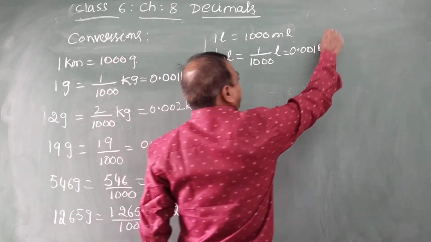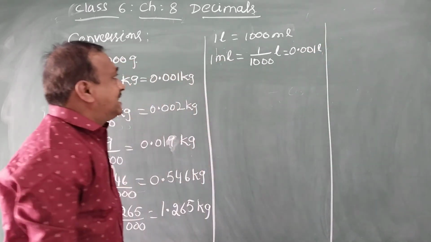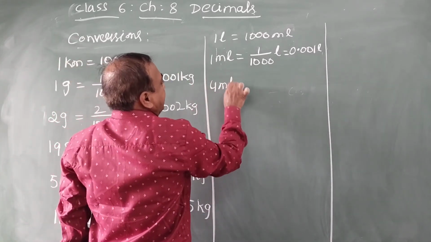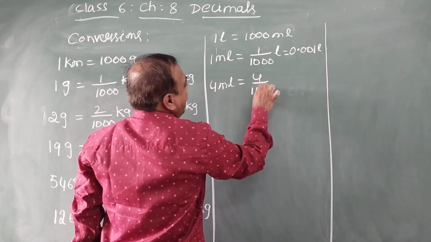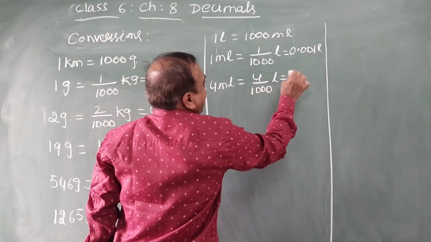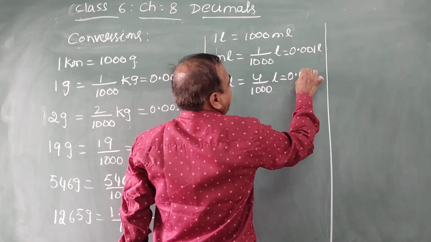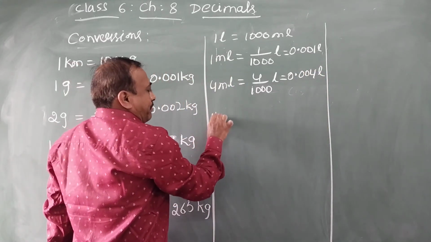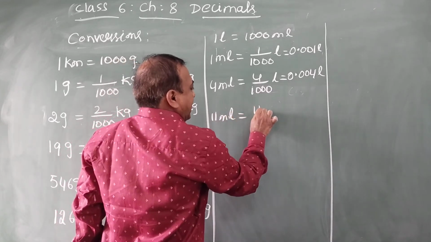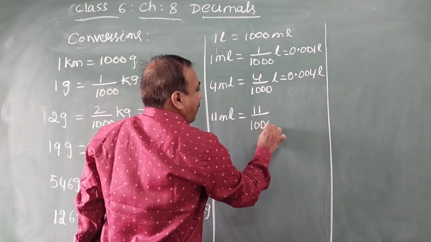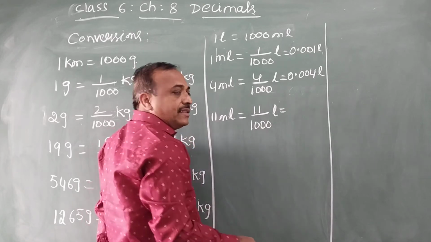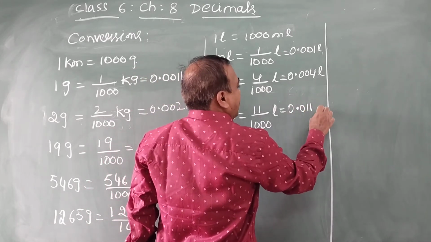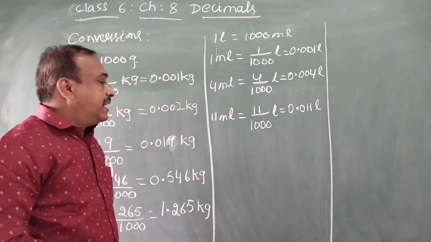So 4 milliliters is 4 by 1000 liters, which we write as 0.004 liters. Then 11 milliliters can be written as 11 by 1000 liters, that is 0.011 liters.